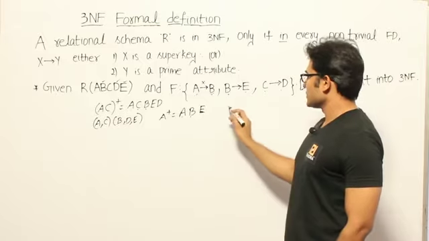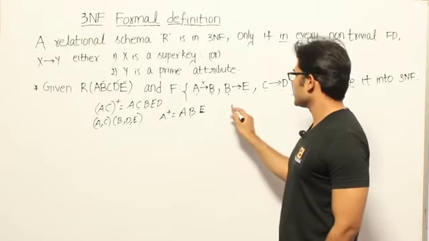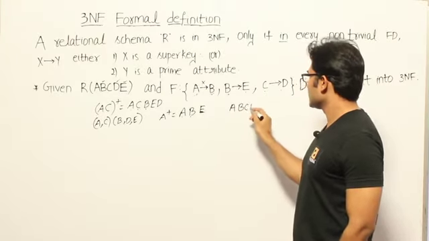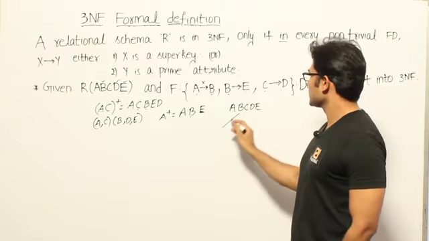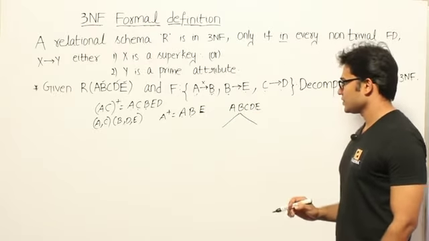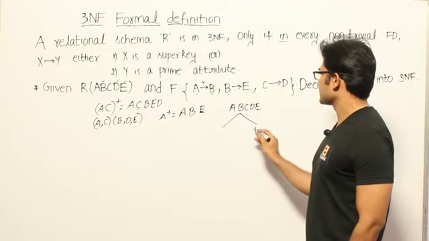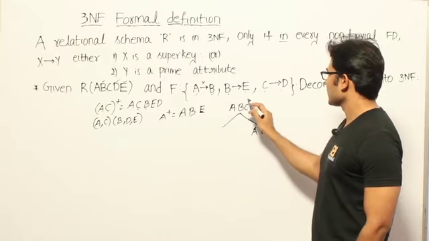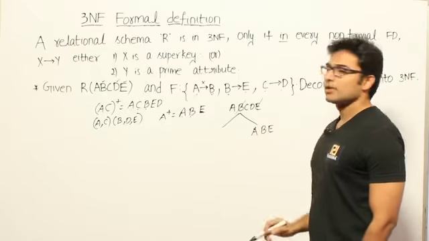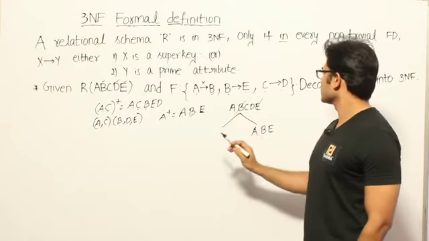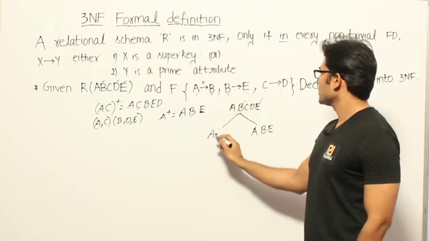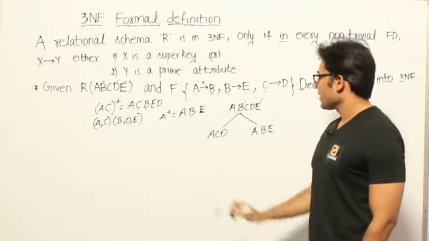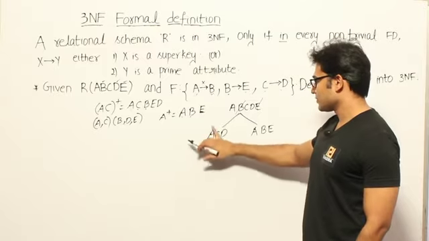Now what you should do is split this table A, B, C, D, E into two parts in such a way that A is going to take with it B and E, and you leave the remaining there. So A, C and D, and also you have to include B as well here.